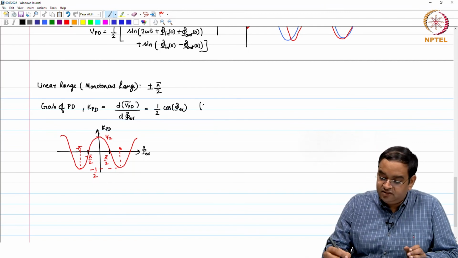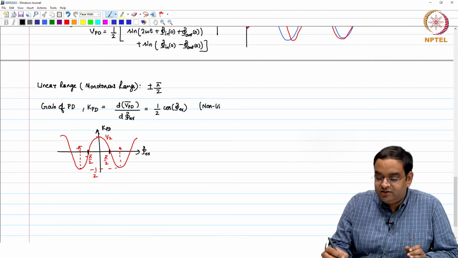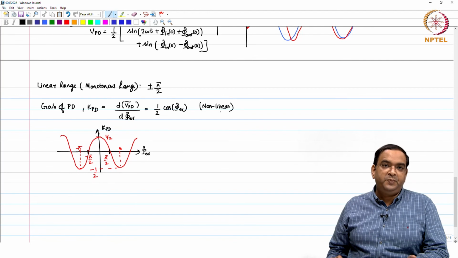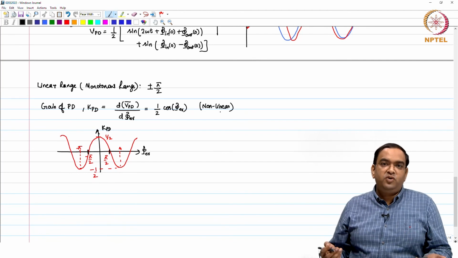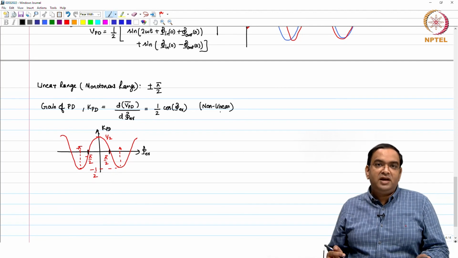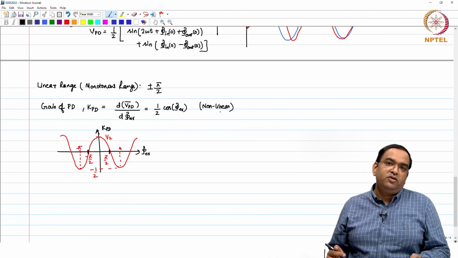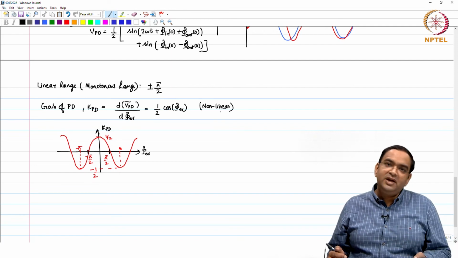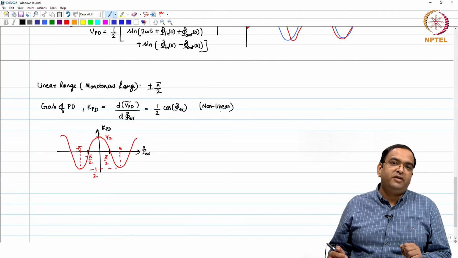This is non-linear, which is another problem for the system. You cannot do any linear analysis, and depending on what phase error you are having, your gain is different. So, the dynamics of the PLL is going to be different.